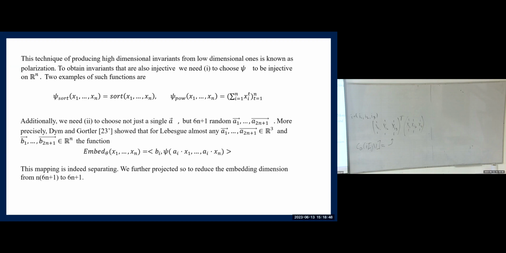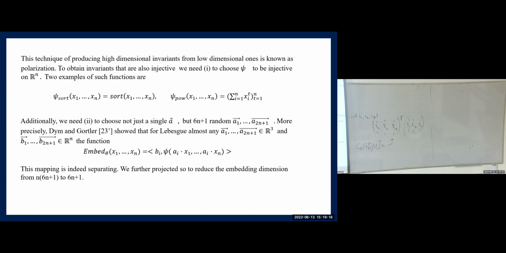So then what do we do? We receive a point cloud in R^(n times 3), and we multiply each one of the columns by some vector. This gives us just a vector in R^n. We feed this vector into one of these embeddings, and then take another projection just to reduce the size.